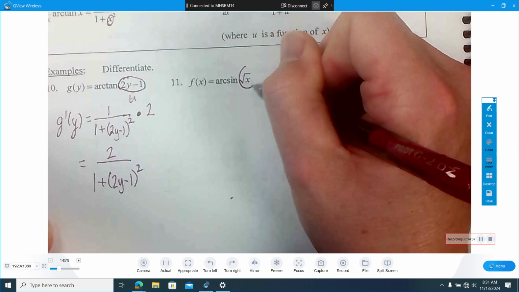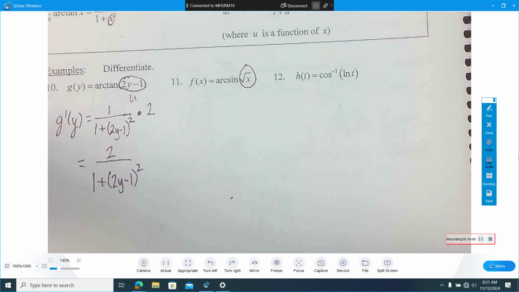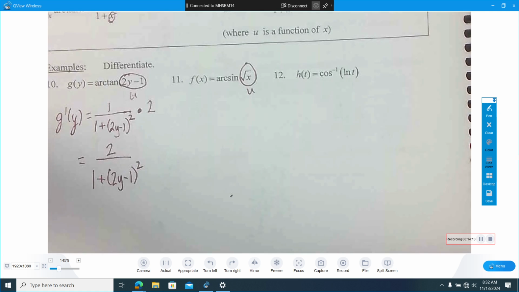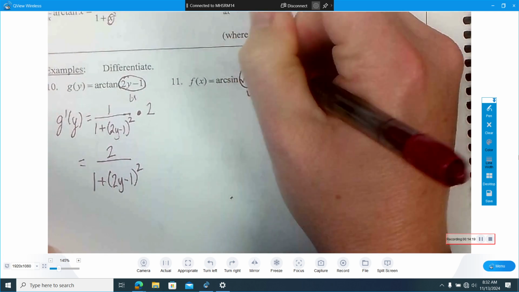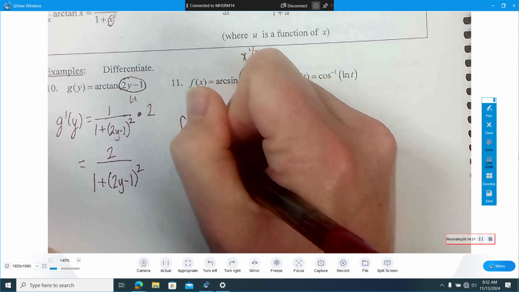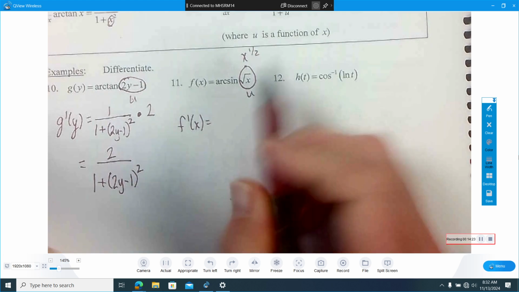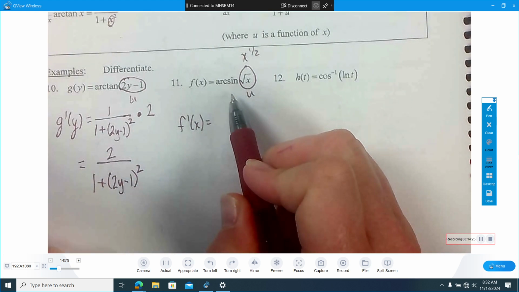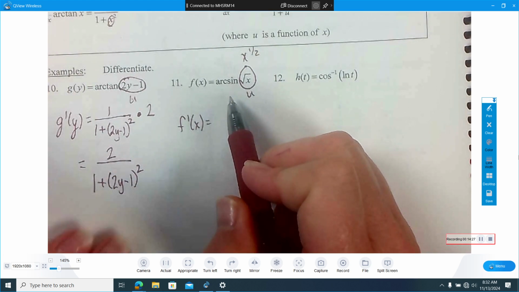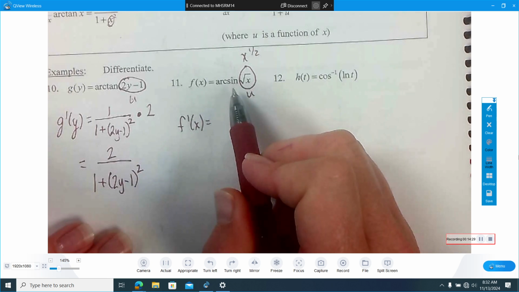Number 11 here, again, it's not just a plain old x, it's a fancy thing. So once again, you can think of it like a u, something other than x that we have to be very careful of. It's x to the 1/2. All right, so we want to find f prime of x. This is arc sine. It's got the 1 over with the square root, and we're subtracting.